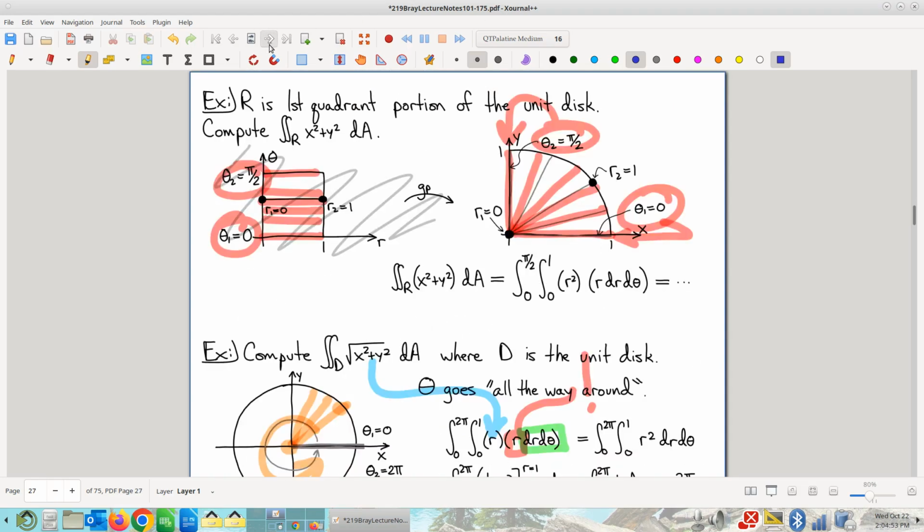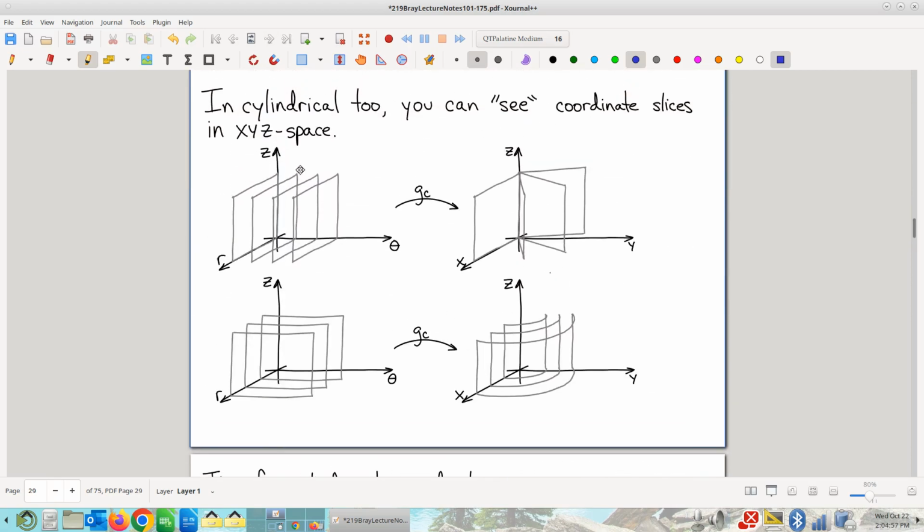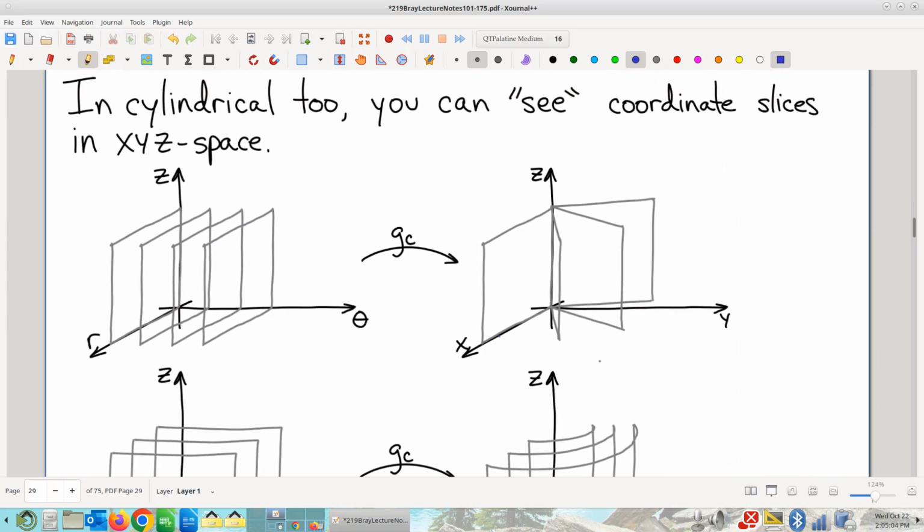So back over to here. Whoops. Here we go. And again, you can see what these slices look like without actually doing the pullbacks. So for example, theta slices, which look like this. If you're in the pullback space, if you had drawn your pullback domain and were doing good old regular slices in our theta z world, right? This is what a theta slice would look like.